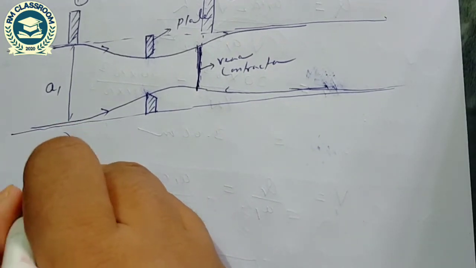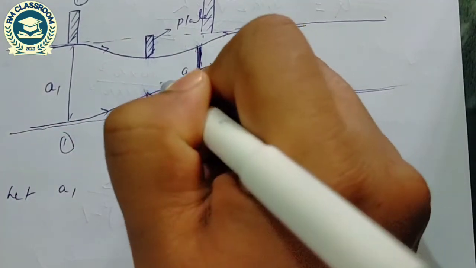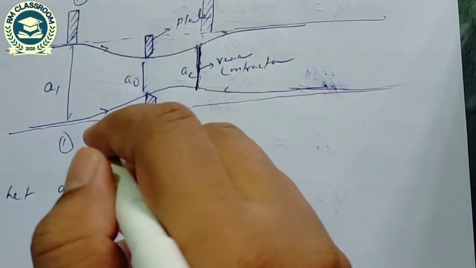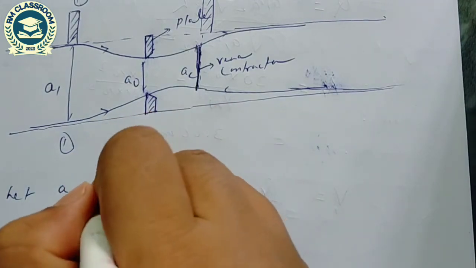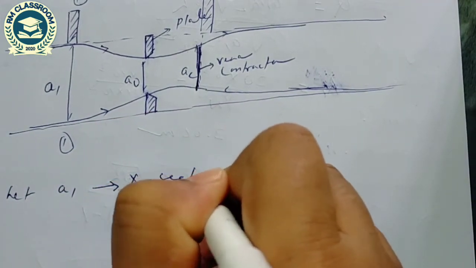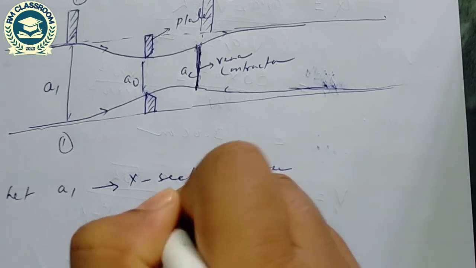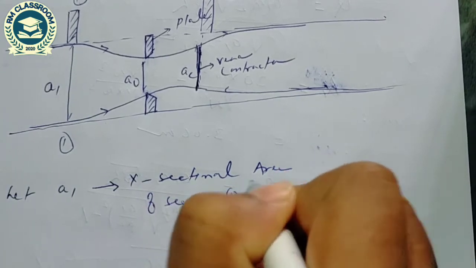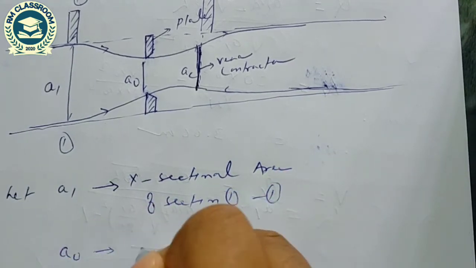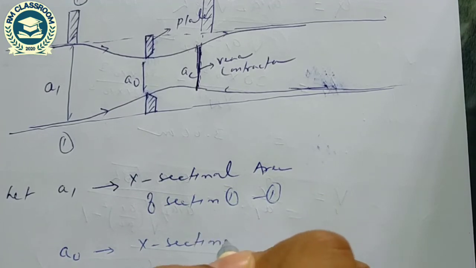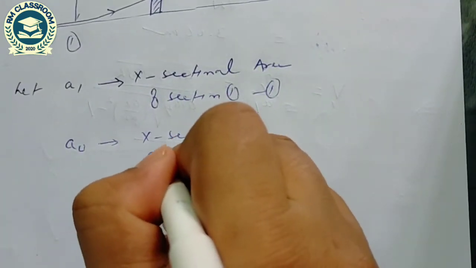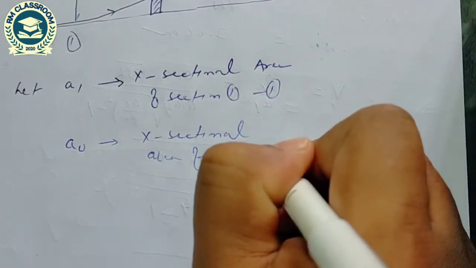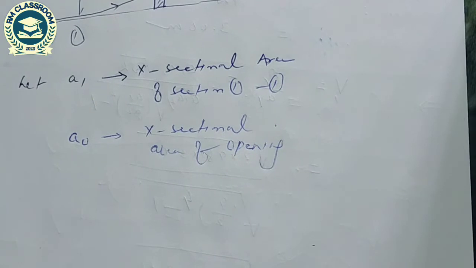So let this be AC, and this is opening A0, the opening area. A1 is the cross sectional area of section first. A0 is the cross sectional area of opening.